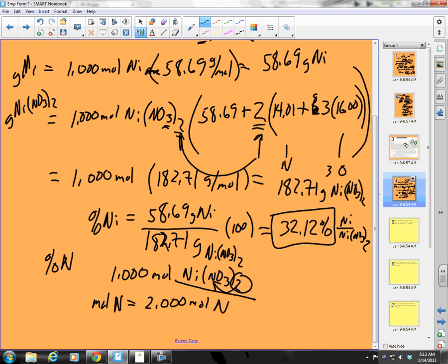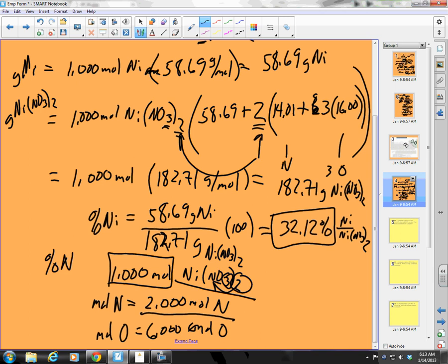So we'd have to work from the 2.00 moles. Everyone follow that? How many moles of oxygen do I have in 1 mole of nickel 2 nitrate? Well, I have 3 in my nitrate, and I have 2 nitrates, so I'd have 6 moles of oxygen. Just to remind us all how to do this.